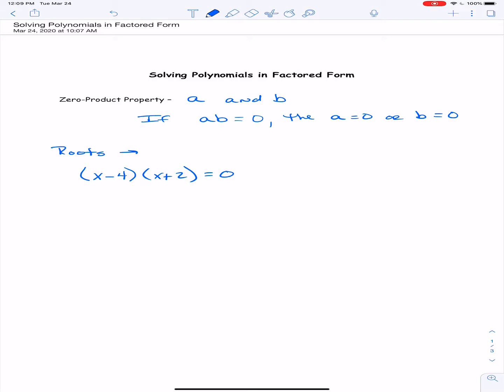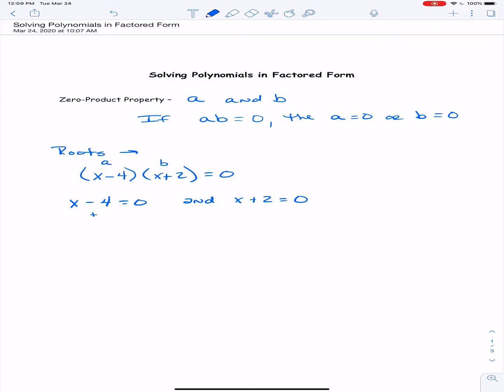We're going to use the zero product property that says if you have real numbers A and B and they are multiplied together, you can set them both equal to 0. So what we do with this equation is we take x minus 4 equals 0 and x plus 2 equals 0. And then you solve these two one-step equations.